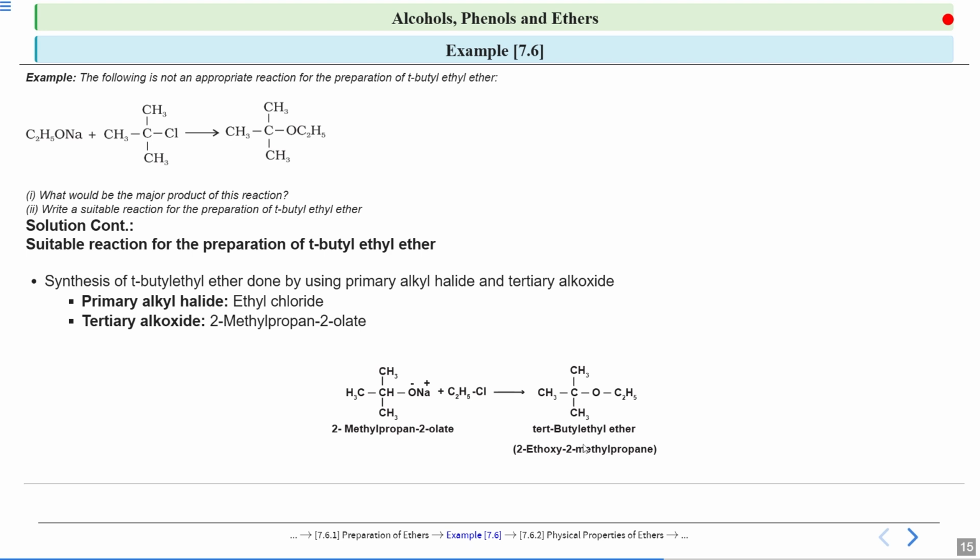So this will be tertiary butyl ethyl ether, or you can call it 2-ethoxy-2-methylpropane. Remember, if you have to form an ether, you will always take a primary alkyl halide. If you take a primary alkyl halide, you will form an ether. Okay, so let's move forward.